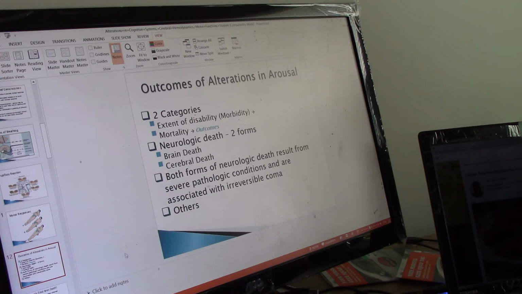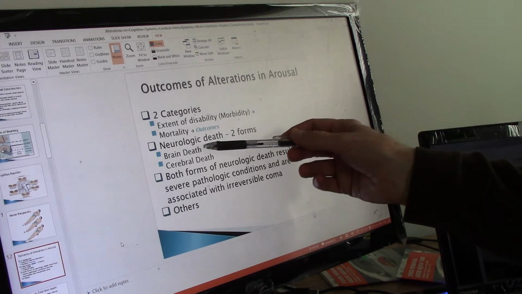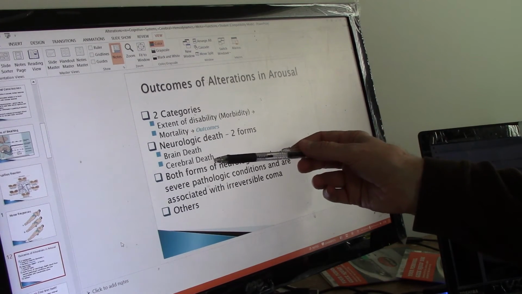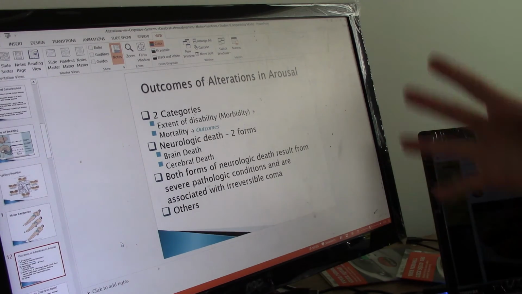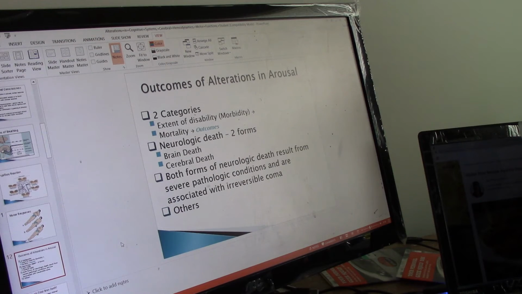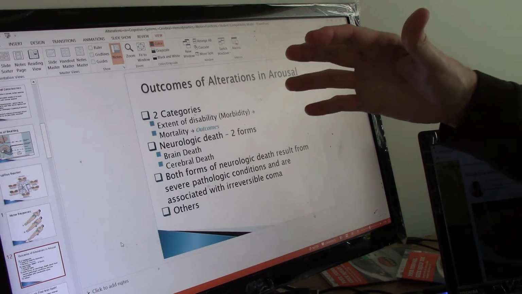Now, what are the outcomes? If somebody has a very severe case, we can have either what's known as brain death or cerebral death. Brain death, as you will see, is death of the entire brain organ system, whereas cerebral death is death only of the higher areas.